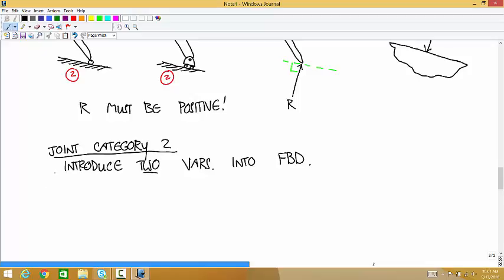And all of these, the way that they introduce those two variables is by applying a force with an unknown direction.